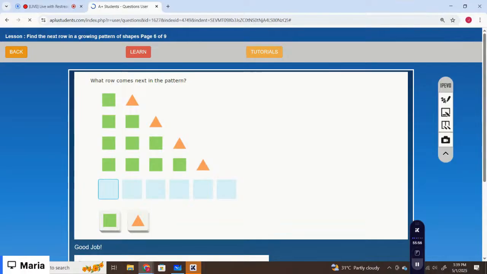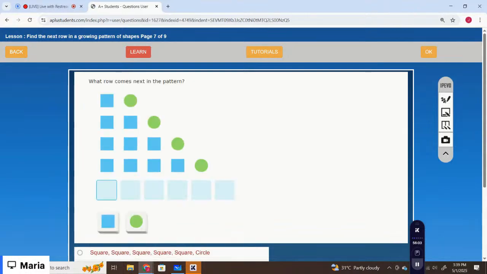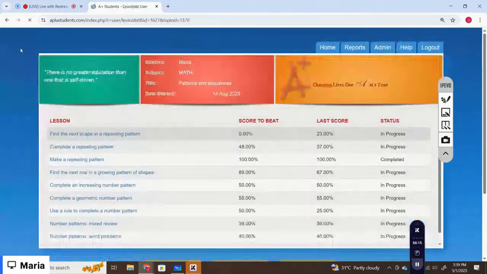Today we were working on grade 4 math. The chapter we were working on is patterns and sequences.